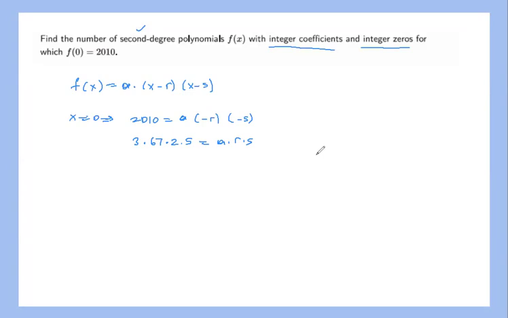So ask yourself, we have 4 primes, and any of these will be part of a, r, or s. One way to assign these would be 3 is this one, 67 is this one, and 10 is this one. Or we can have any other variation.